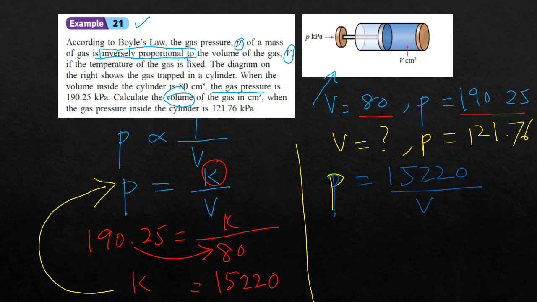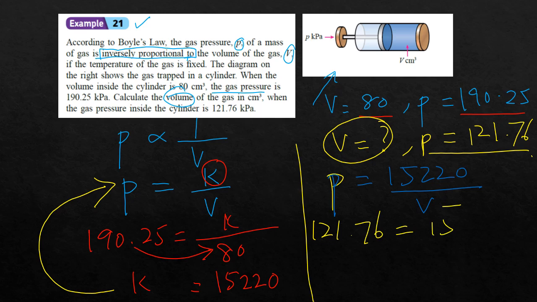So now you can find your V when you substitute your P. So you just put 121.76 equals 15220 over V.